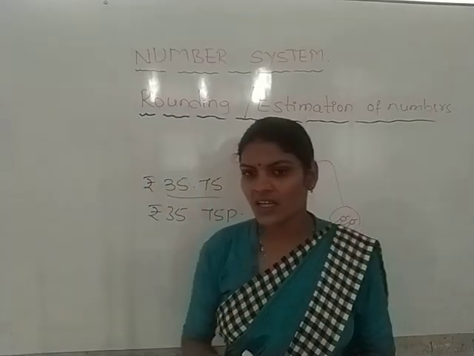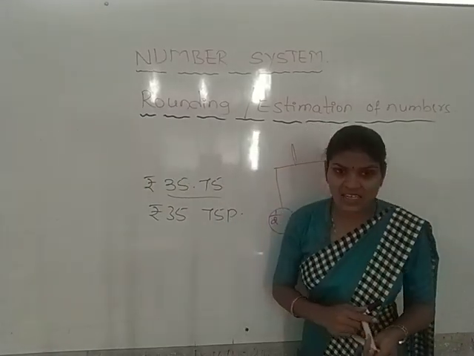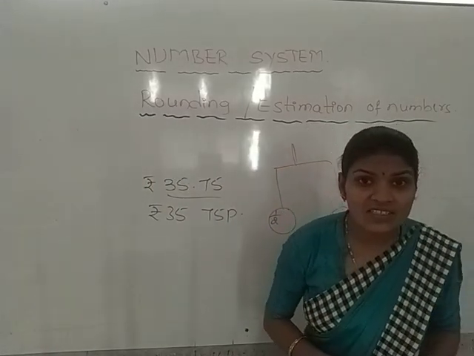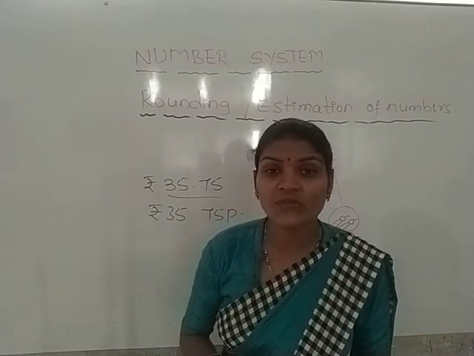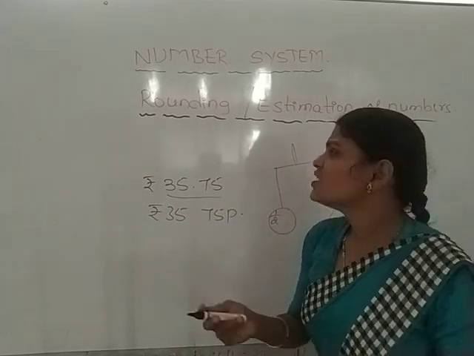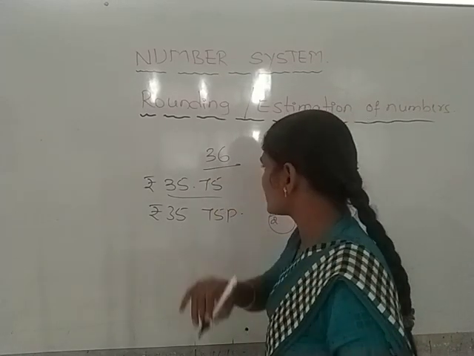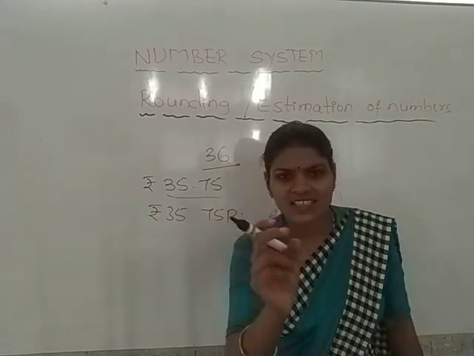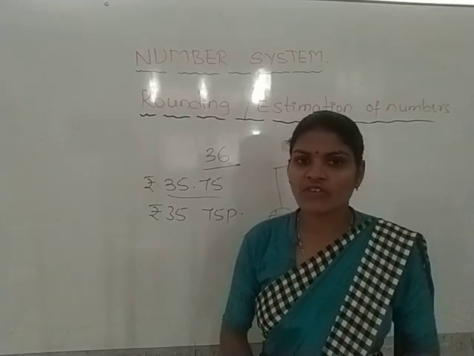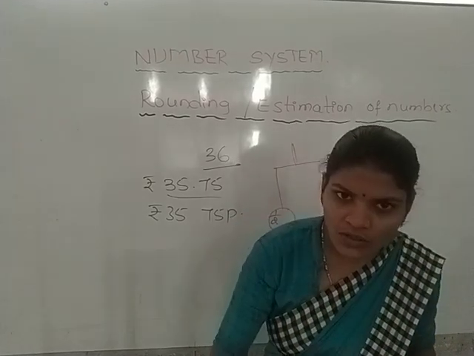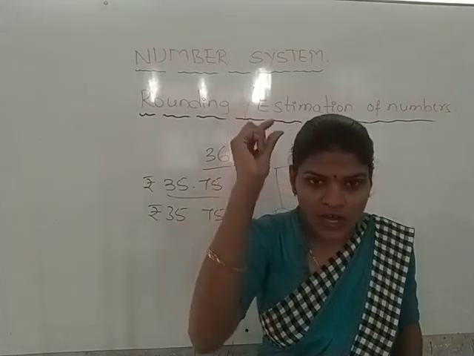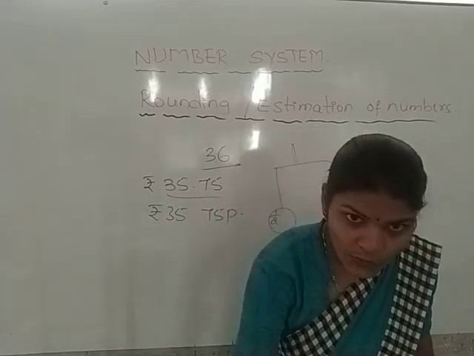So dear students, in our next class we will discuss rounding the numbers, how to round up the numbers. Suppose one pen costs 36 rupees. Will you give exactly 36 rupees only? That means I give three 10 rupee notes, one 5 rupee coin, one 1 rupee coin.